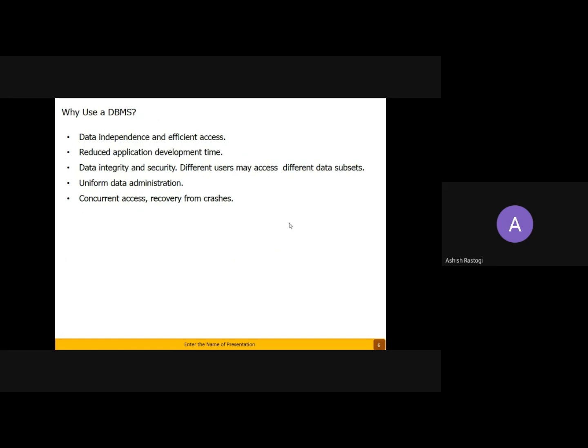Next thing, different users may access different data subsets. Guys, I hope you realize that when you open a portal, there is a student login, a faculty login, or different users have different logins. So if you log in as a student, then you can see your own data only, not other data. But if a faculty logs in, then faculty can see all student data, the complete class data.